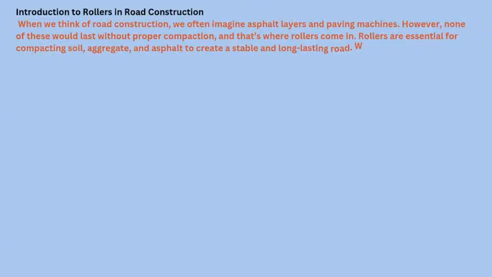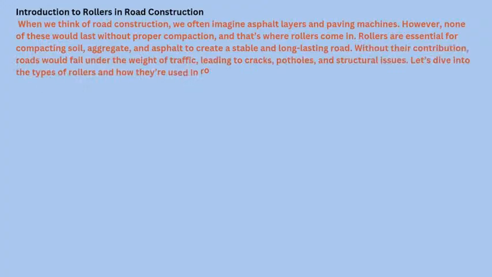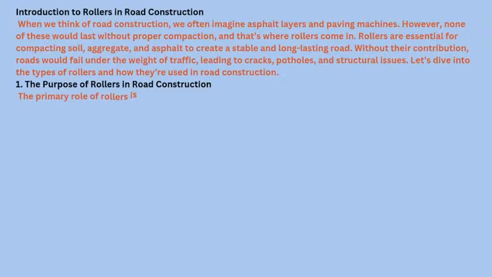Let's dive into the types of rollers and how they're used in road construction. 1. The purpose of rollers in road construction. The primary role of rollers is compaction, reducing air gaps in soil, aggregate, or asphalt to increase their density.